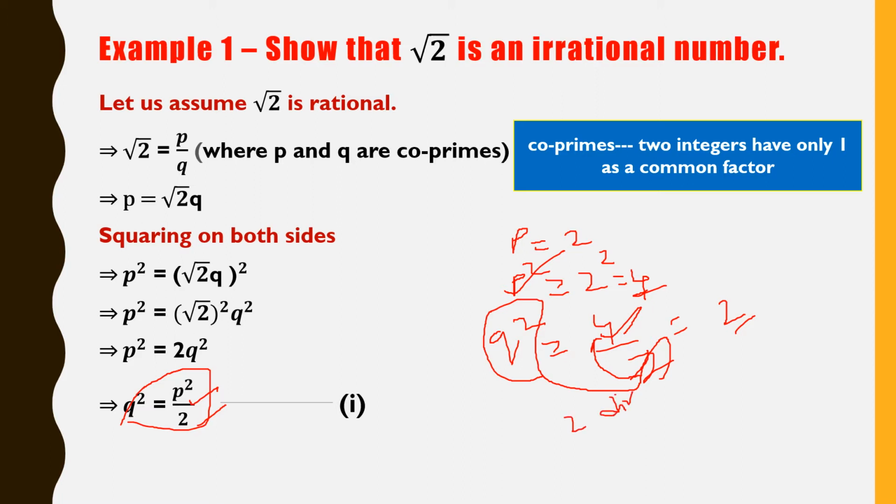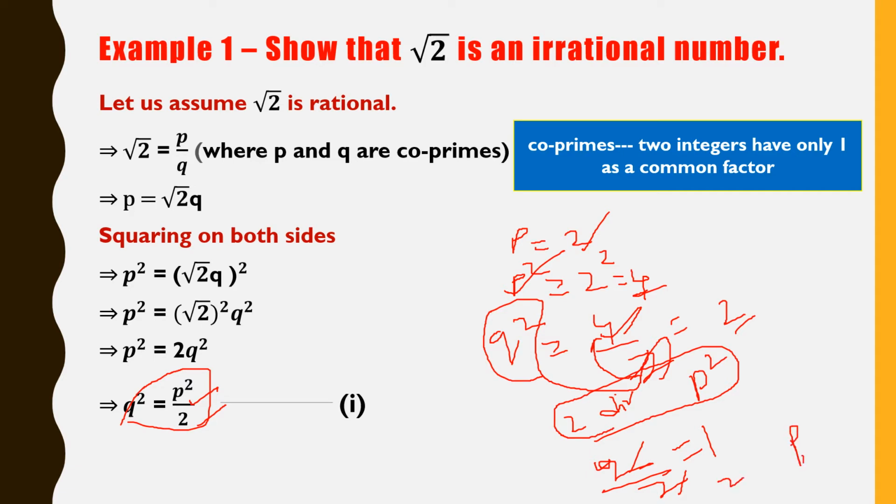2 divides P square. Now we'll check with P. When you take P by 2, P also is divisible. So if 2 divides P square, then 2 divides P also.